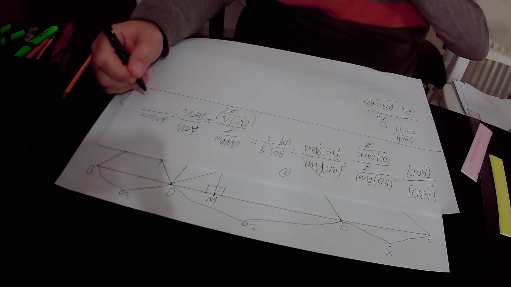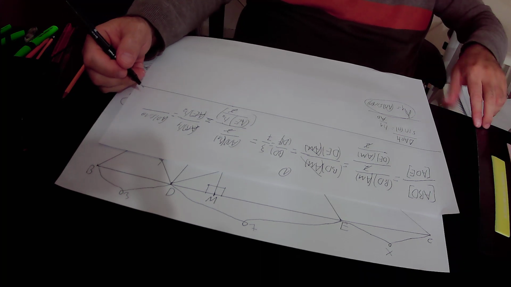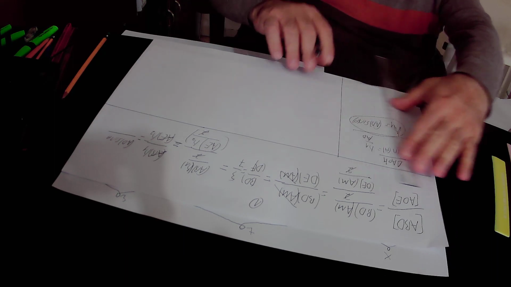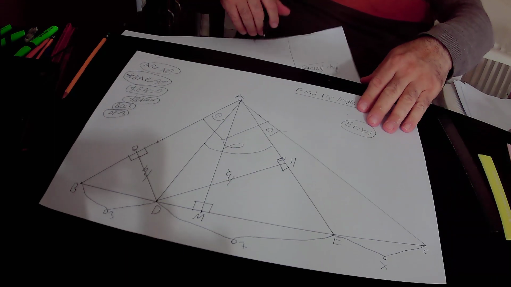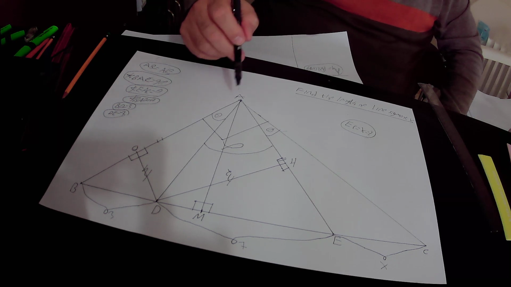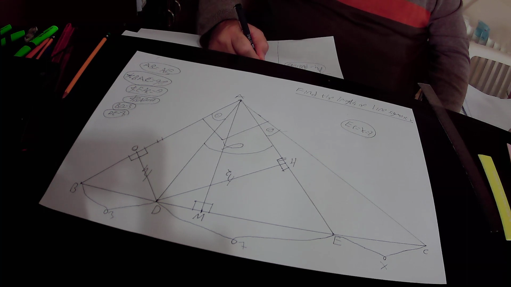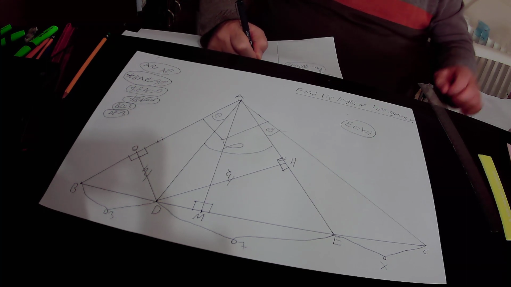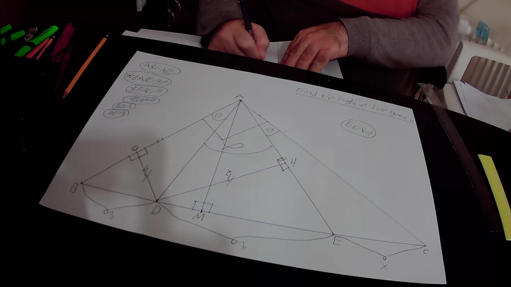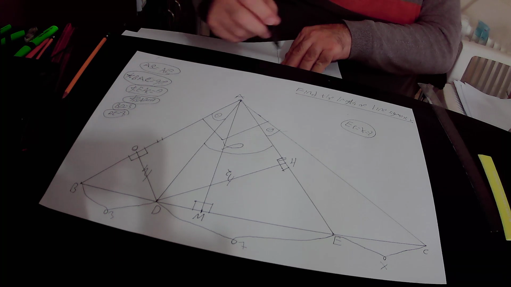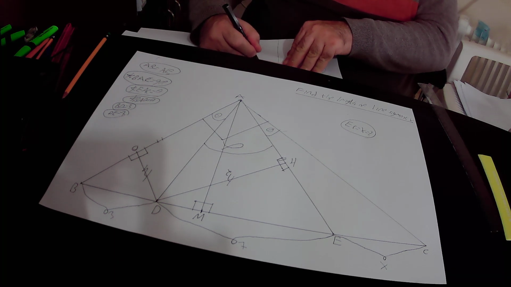In the next step, we will calculate the value of H2. So we will focus on the right triangle ADK. In the right triangle ADK, we know that sine alpha is equal to H2 over AD. Sine alpha equals H2 over AD.